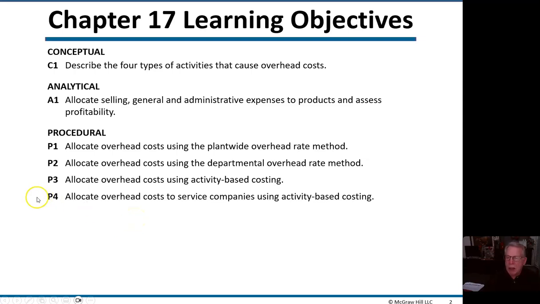Then we will allocate overhead costs to service companies using activity-based costing, knowing full well that we could use it in merchandising companies and manufacturing companies as well.